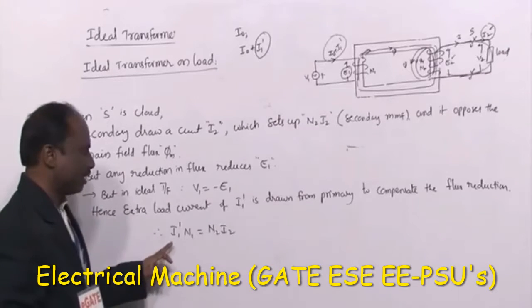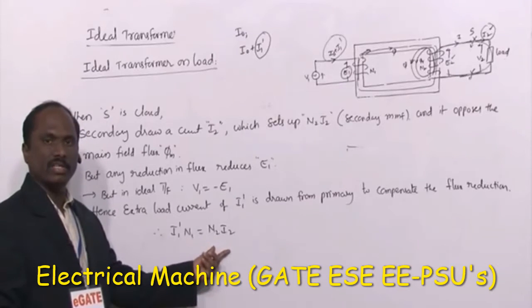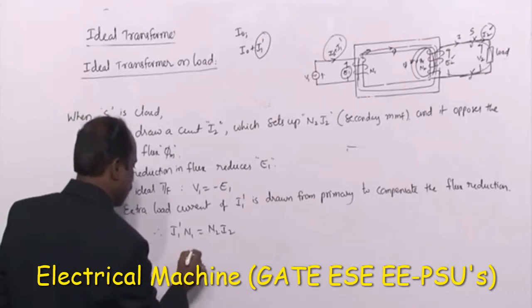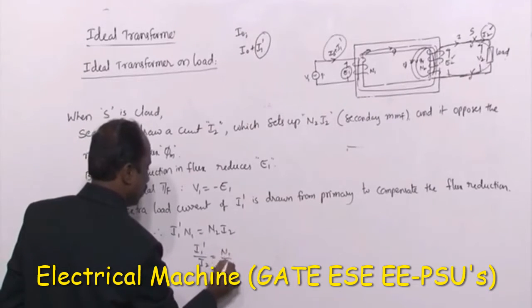The extra component of the MMF, I1 dash, the extra current into N1, the MMF of the primary, must be equal to the MMF of the secondary, because this MMF is increased, so there is a reduction in the flux. So from this, I1 dash by I2 is equal to N1 by N2.